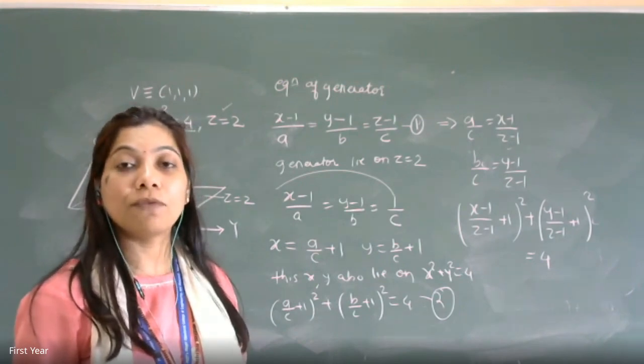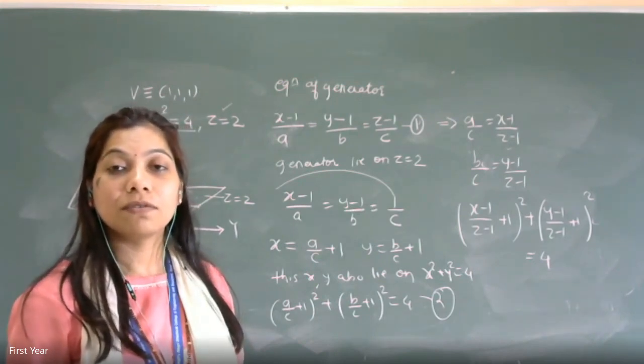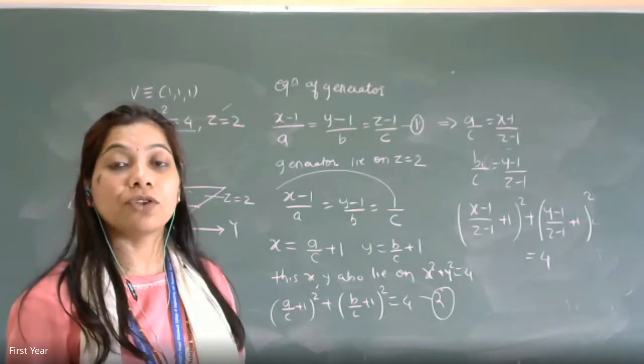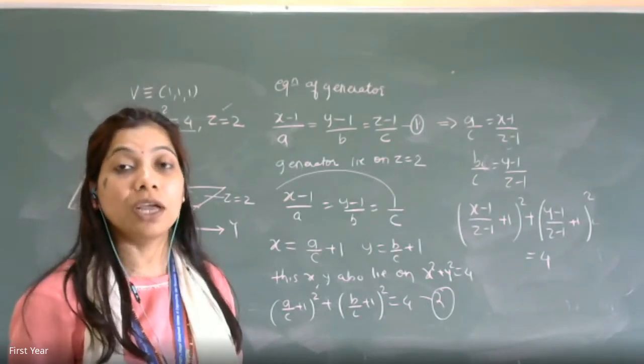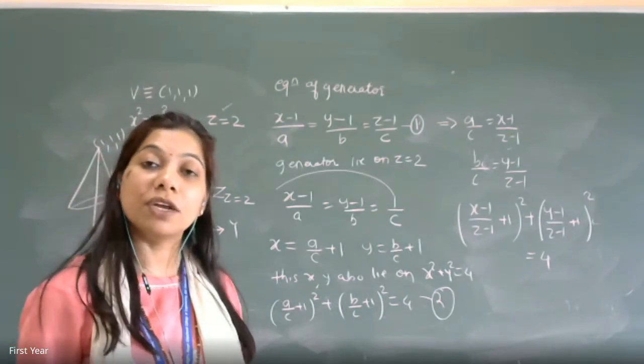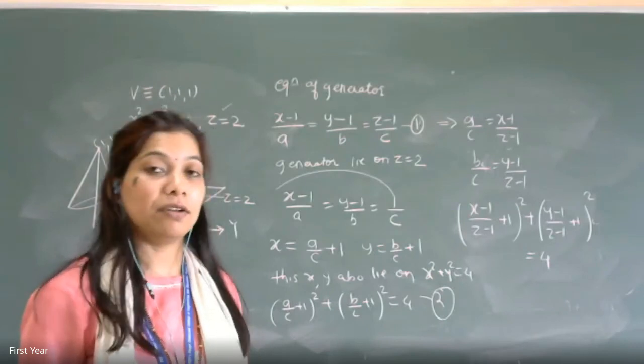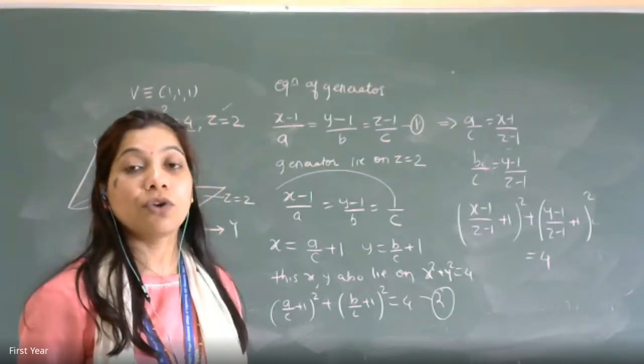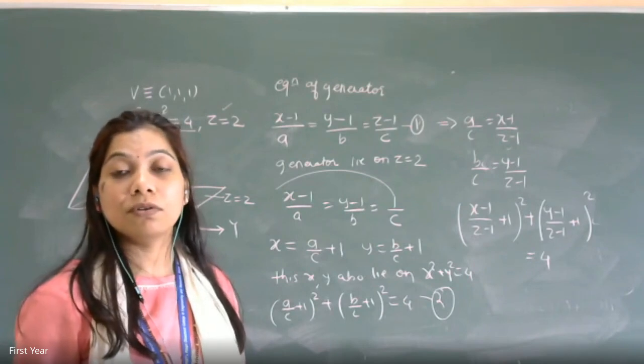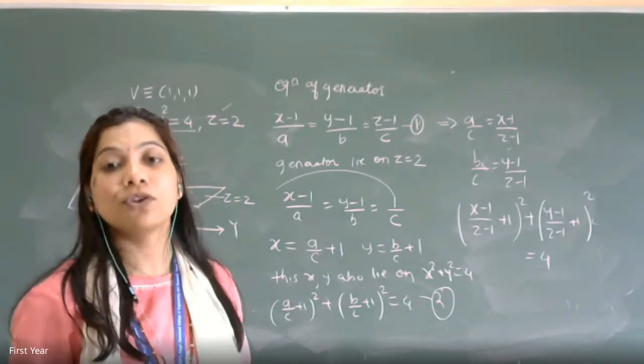What is the common point of all three coordinate axes? Origin. So the intersection of these lines is the origin. So the vertex of the quadratic cone should be at the origin, and that's why it will be a homogeneous equation of degree 2. But it will be of a special type. So try to find out what a quadratic cone is and how you get the equation of that quadratic cone.